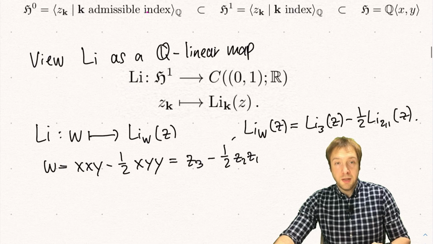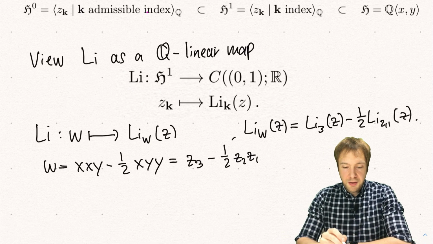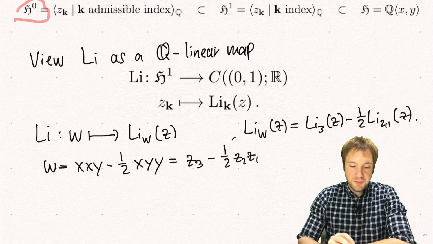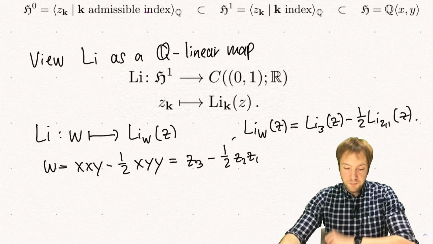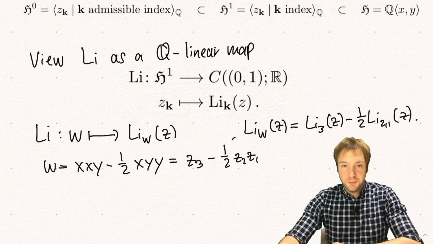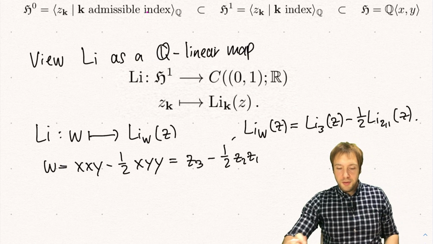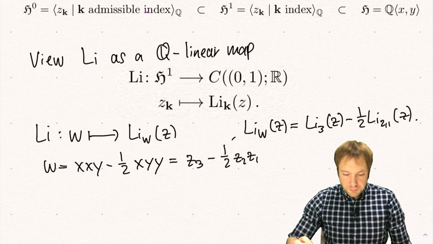And this we will also do later for multiple zeta values, but there we need to consider the space H0. But here this Li was defined for all possible indices, so not just for admissible ones.